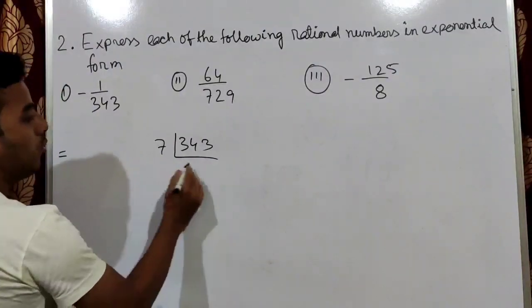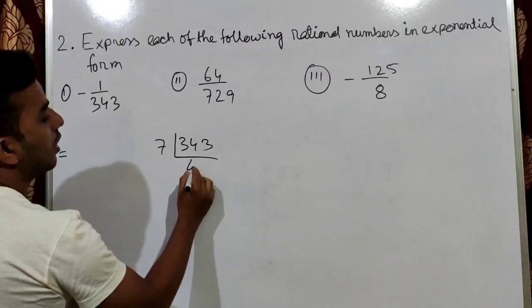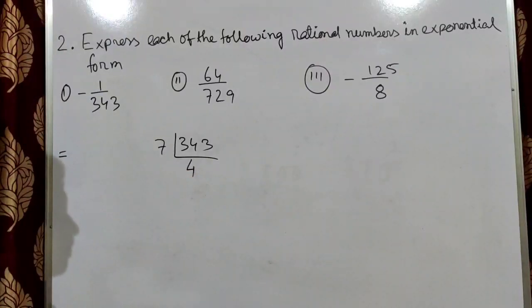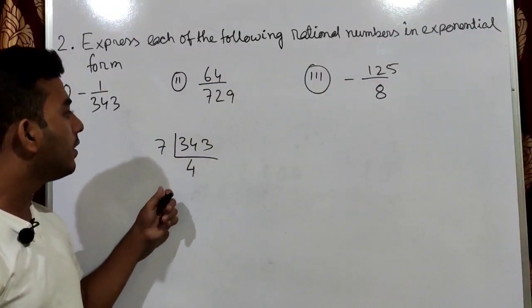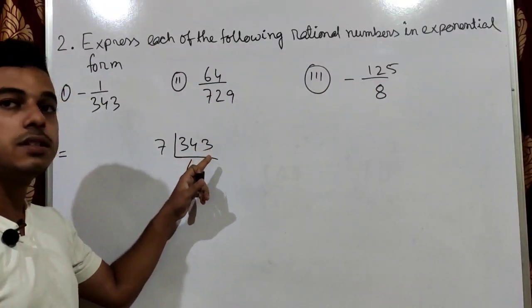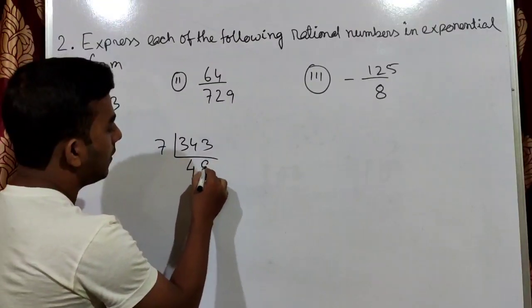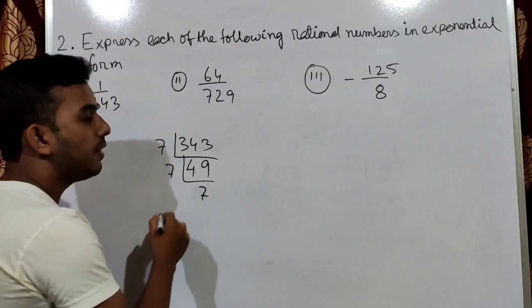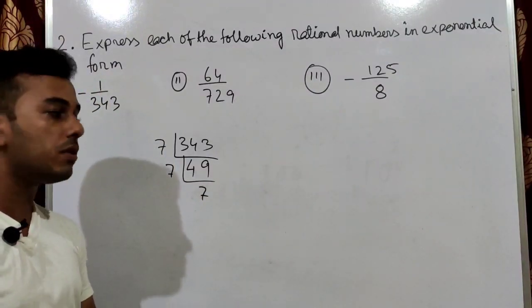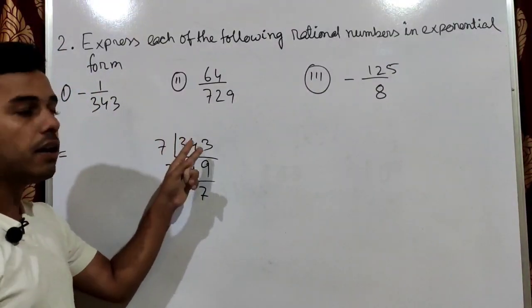7 into 4 is 28, right? Then 63, 7 into 9 is 63. Then 49, 7 into 7. That means if we multiply 7 three times, it will be 343.